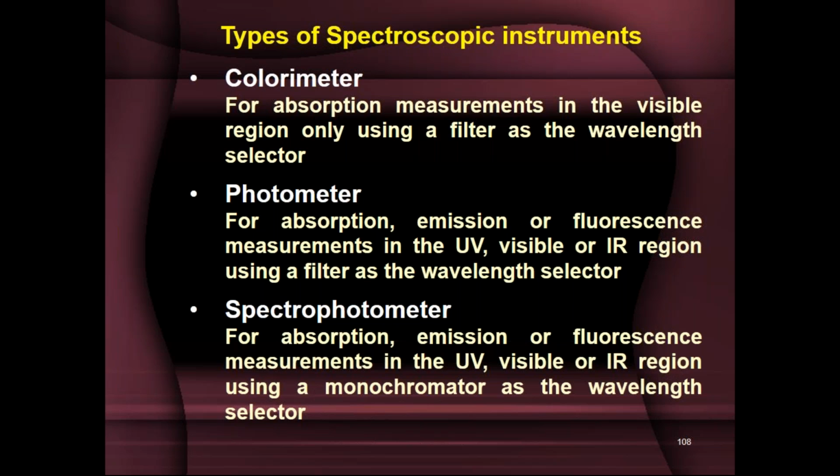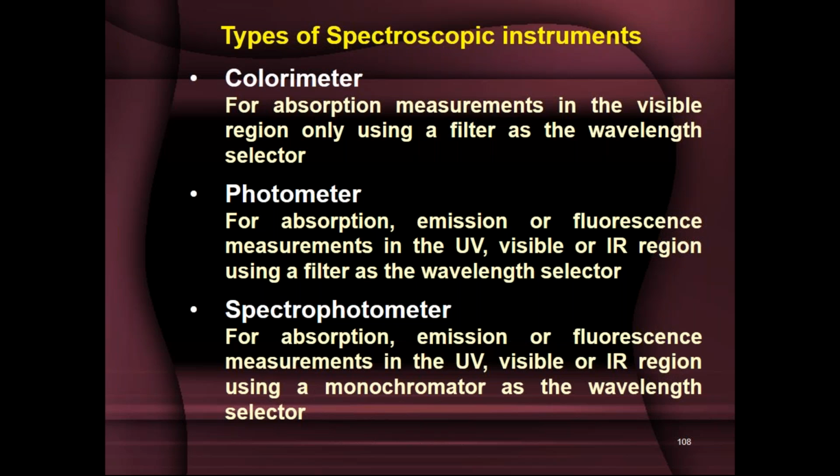It can also be used for emission measurements or fluorescence measurements. And which radiation can be used in a photometer? You could use UV radiations, you could use visible radiations, or you could use IR radiations. But the wavelength selector is always a filter. So this is a photometer.